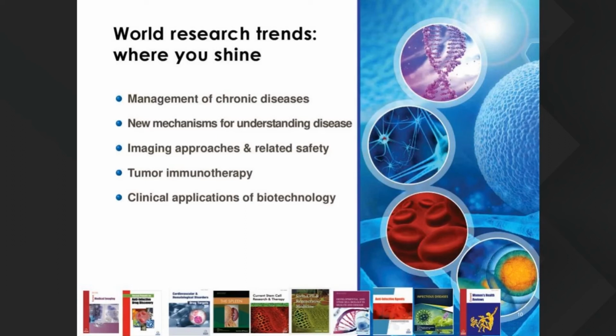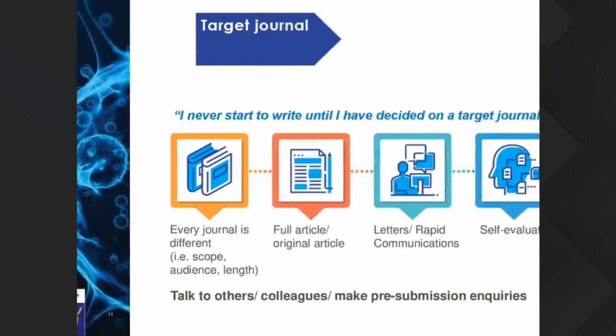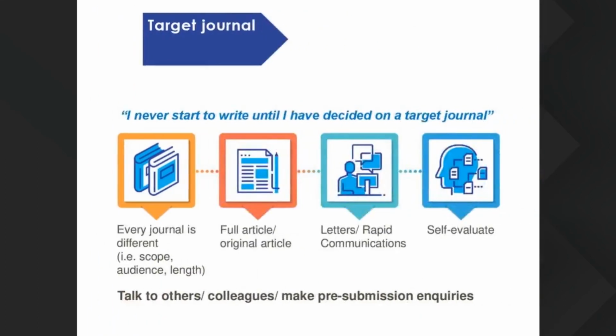These are areas that many governments around the world are targeting for preferential funding as we move forward into the post-pandemic era. Drug development, aging, synthetic biology, bacterial resistant genes, T-cell lines with tumor immunity. These are all areas in which you as researchers can access content and more effectively target your research into those leading international journals. How does target journal selection work?